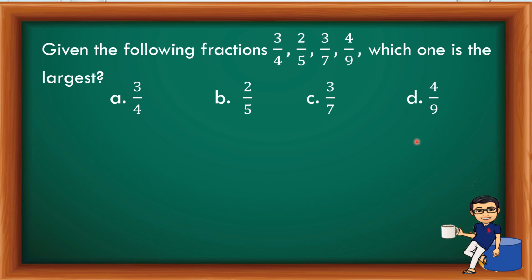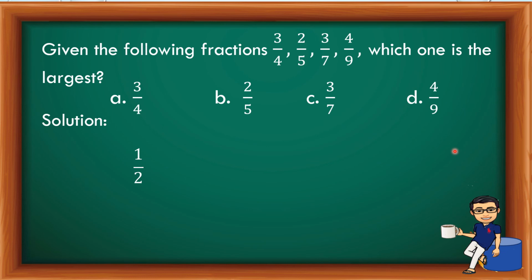The easiest way to determine which is the largest fraction is to compare each of the choices, 3/4, 2/5, 3/7, and 4/9, to any fraction. Any fraction, but let us consider that we will compare all of the choices to 1/2.